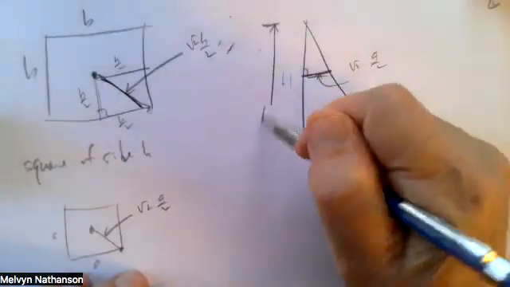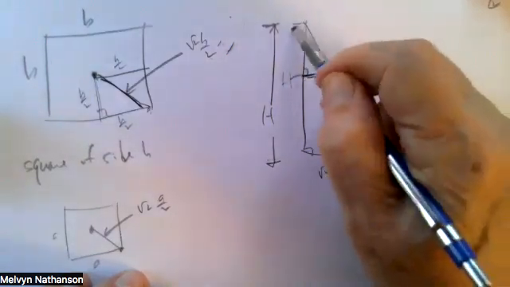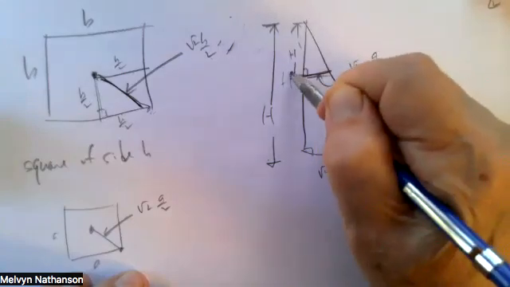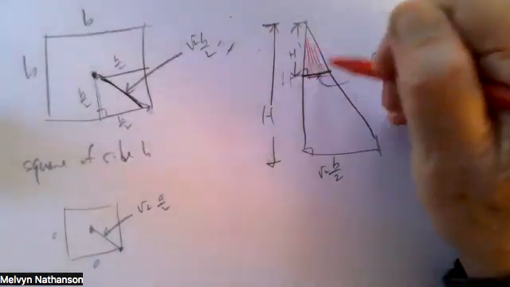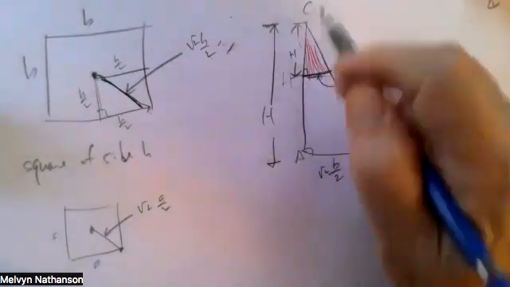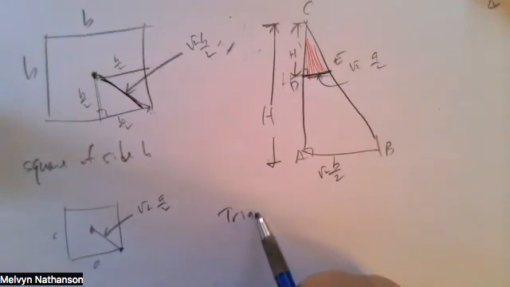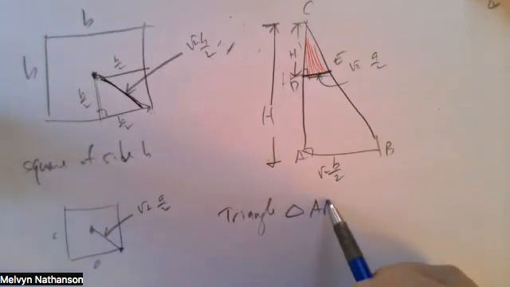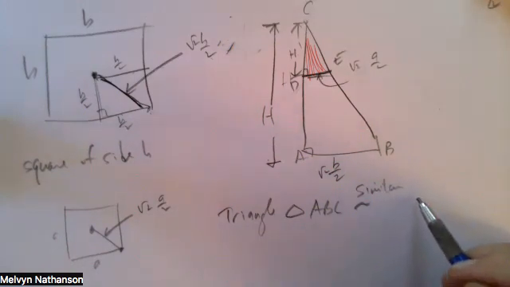So the height of the whole triangle is H. And what is the height, which I called capital H prime, of the little triangle? Well, if I call this A, B, C, maybe D and E, the triangle ABC is similar, that means proportional, to the triangle CDE.